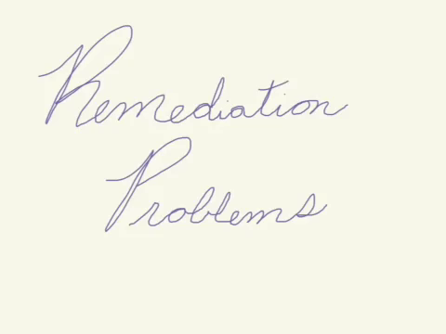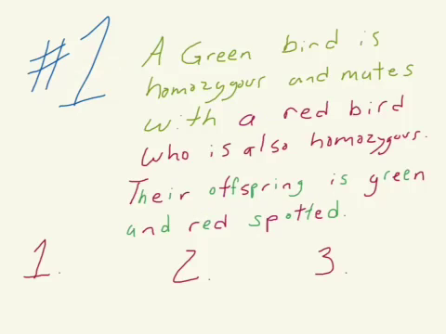So now for those of us that want to do the remediation process for retaking this quiz, I have a couple problems for you that you're going to have to run through. So number 1. A green bird is homozygous and mates with a red bird who is also homozygous. Their offspring is green and red spotted.